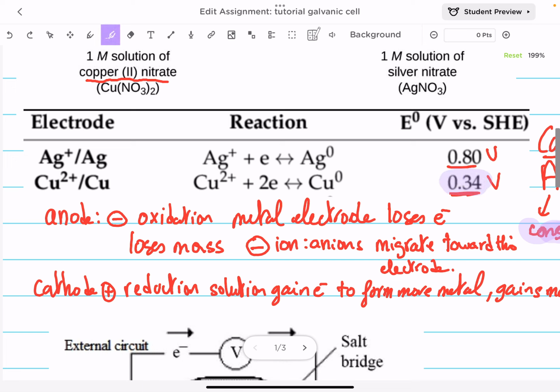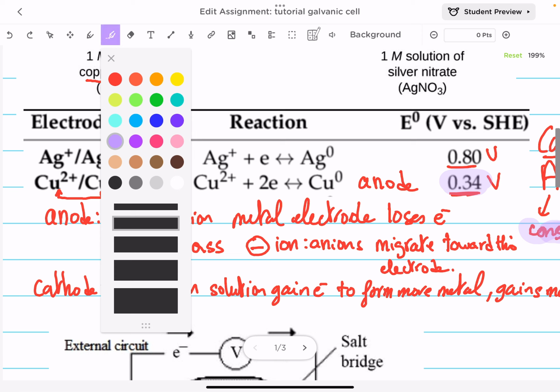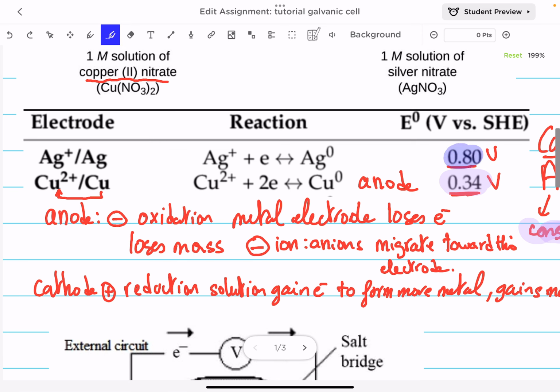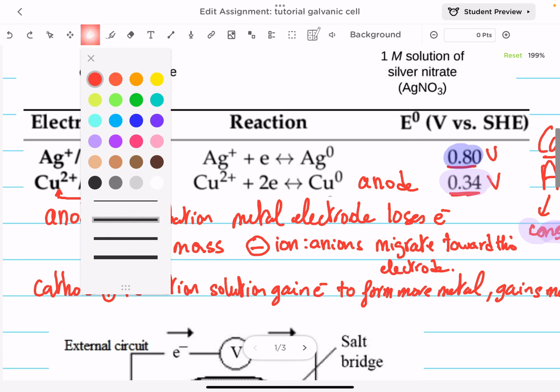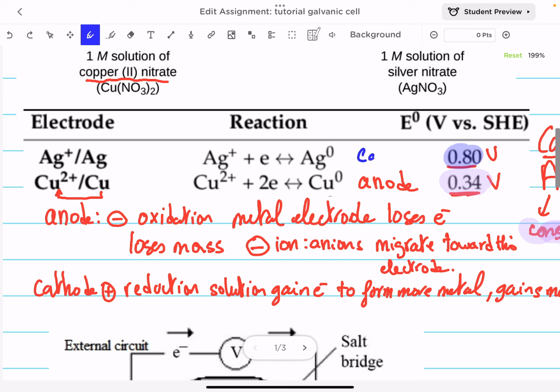The one having less voltage will be the one playing the role of the anode, and therefore it's the metal that's going to give the ion, and the other one is going to be the cathode having the higher voltage. This is going to be the cathode where reduction takes place and the ion gives the metal. Now looking at this, the metal starts the reaction.